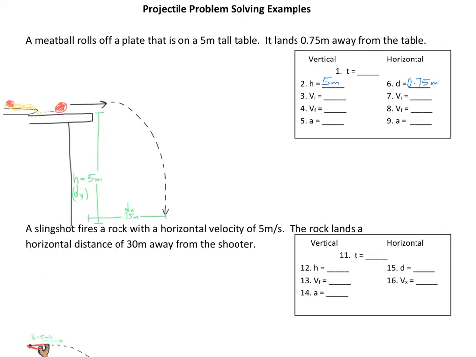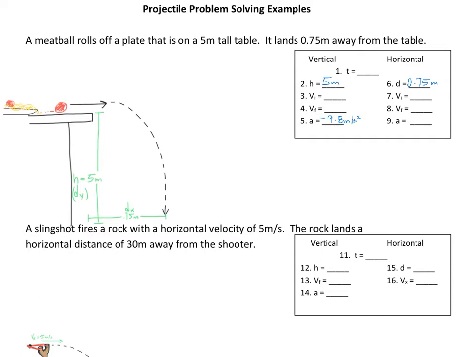Now, a few other things that I do know that are implied, they're not given to me, are the acceleration of gravity. I know that meatball is falling downward towards the ground, and it's falling due to gravity. So acceleration vertically is negative 9.8 meters per second squared.